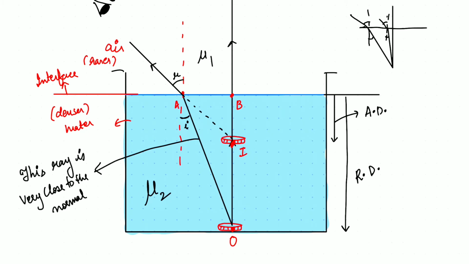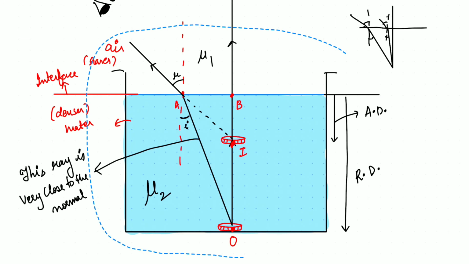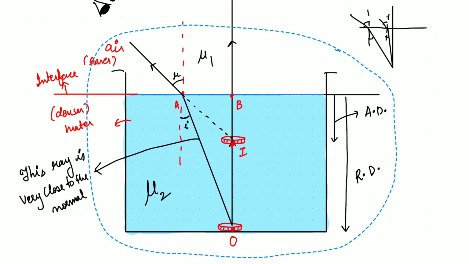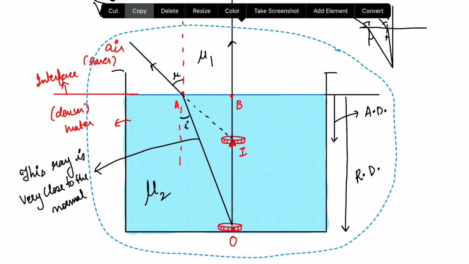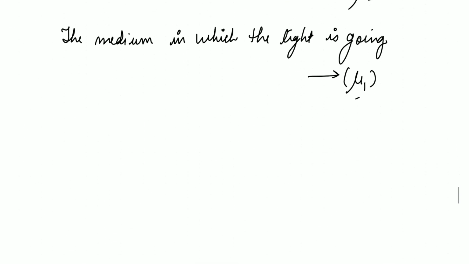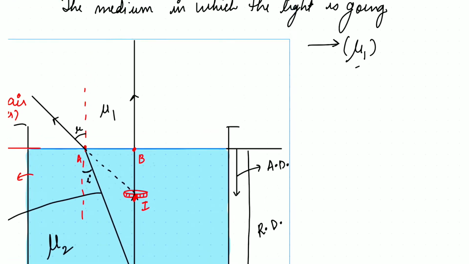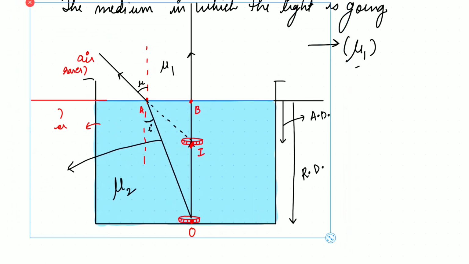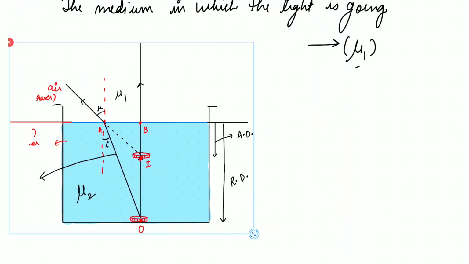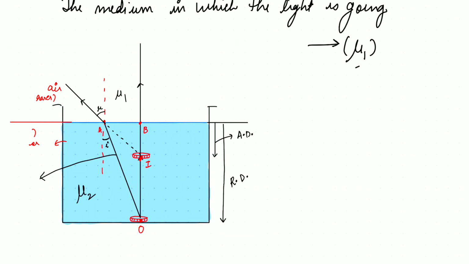Before I do that, I really want this diagram back, so I'll try to copy it as much as possible. It will not be a perfect copy, but you guys can still understand it. Let me make it smaller so it can fit here.